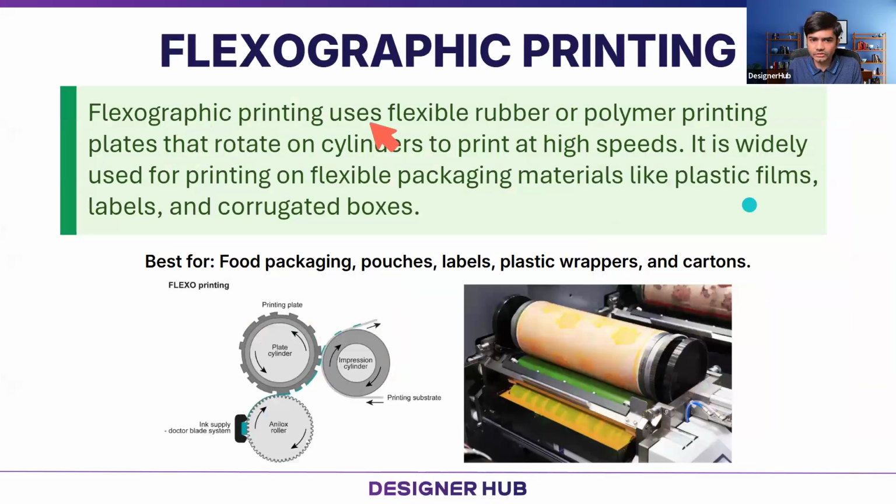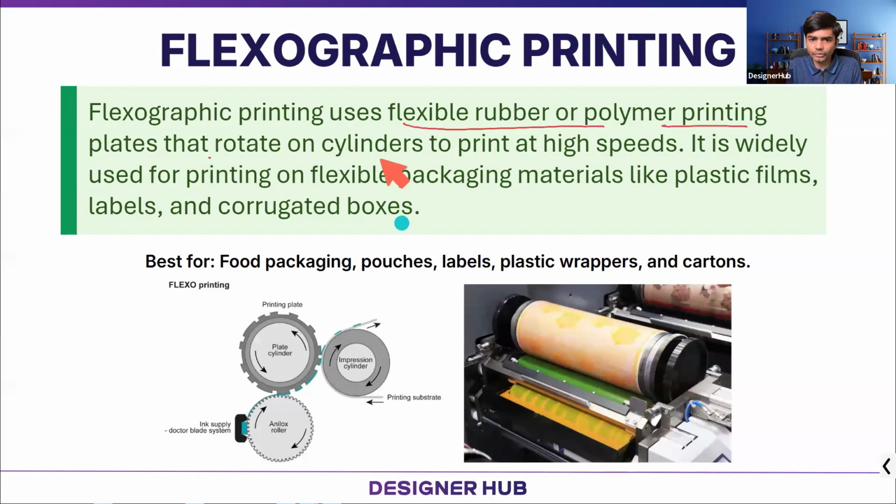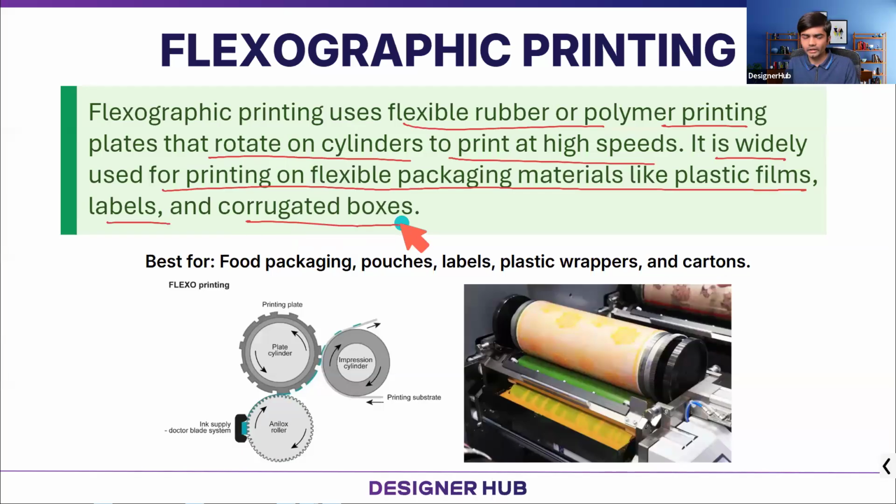What happens over here is flexographic printing uses flexible rubber or polymer printing plates that rotate on cylinders to print at high speeds. It's widely used for printing on flexible packaging materials like plastic films, labels, and corrugated boxes. Now, what happens? Plastic is a very smooth surface. If they put a metal cylinder, the ink can slide or the plastic can slide, so the thing will get smudged or it might get scrubbed a little bit.